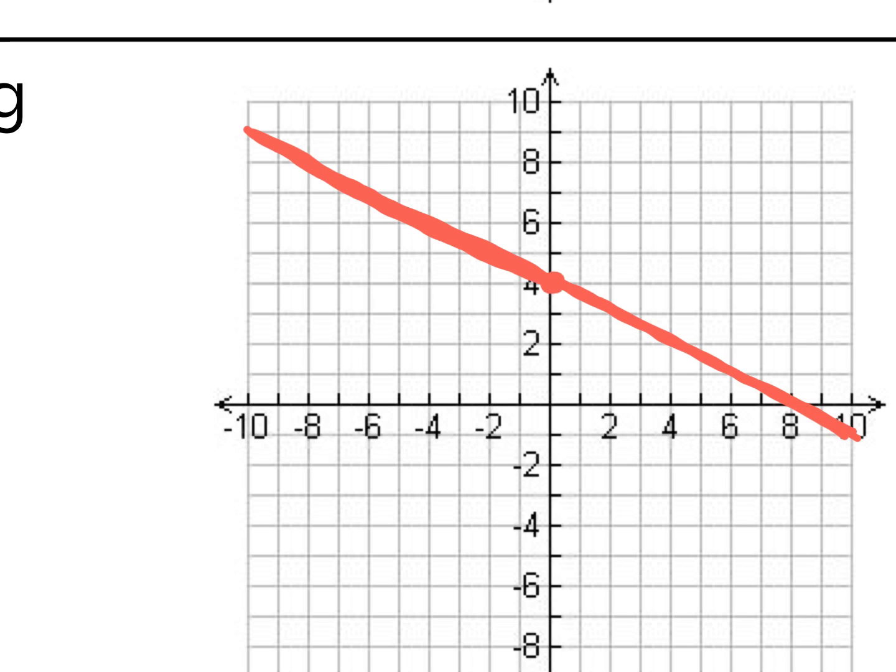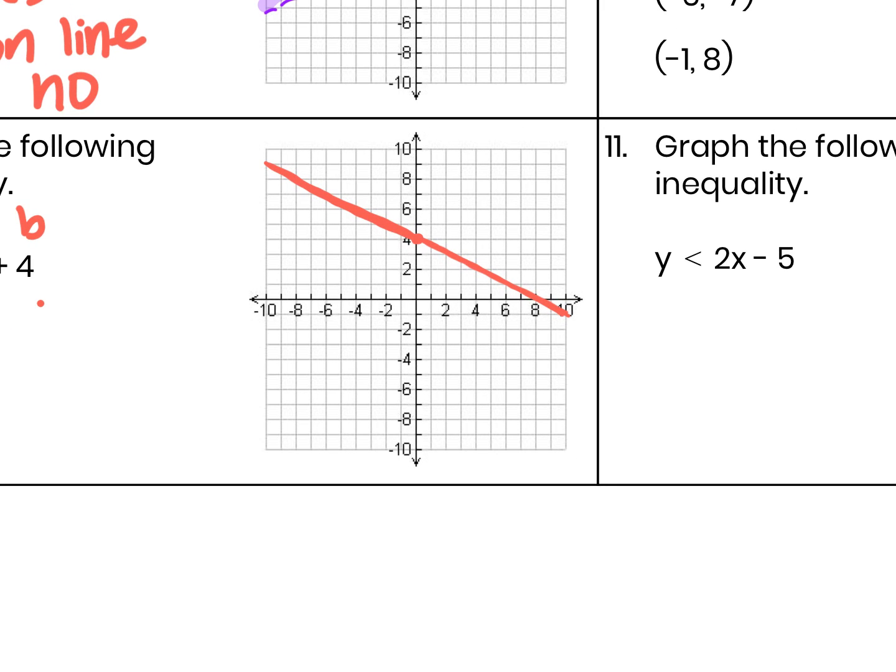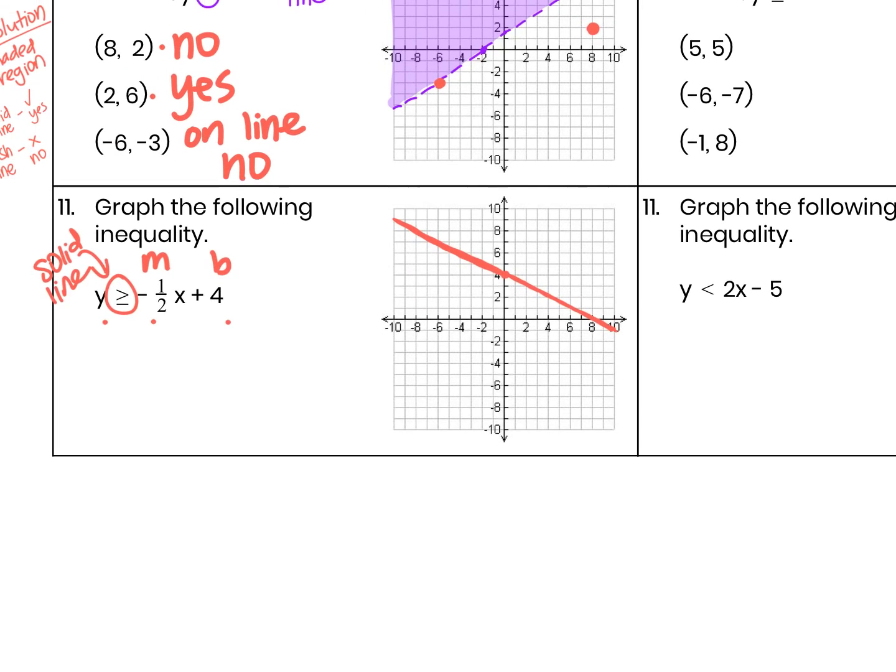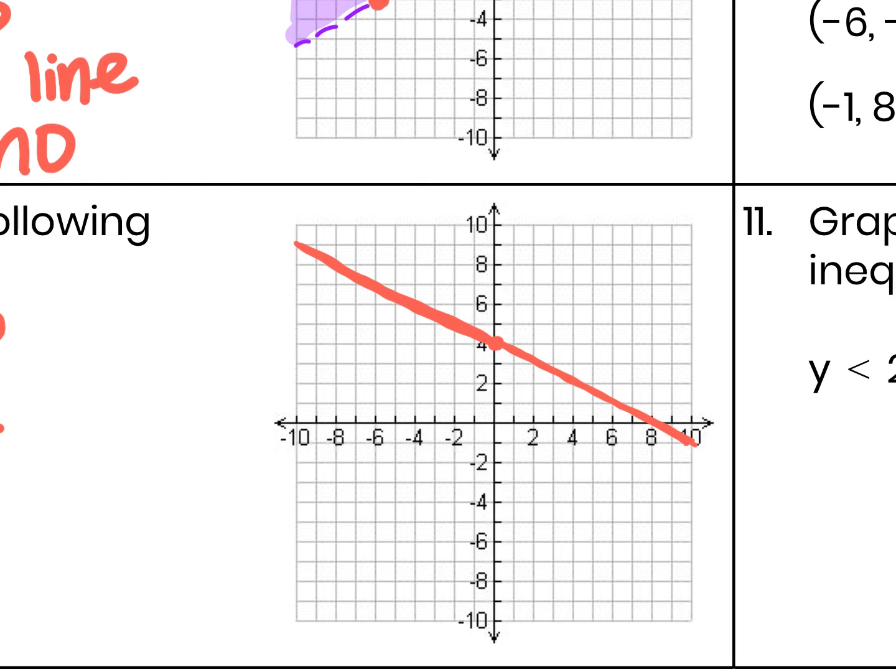Okay, so there's my solid line. Then, because it's greater than, the top part is going to get colored in.